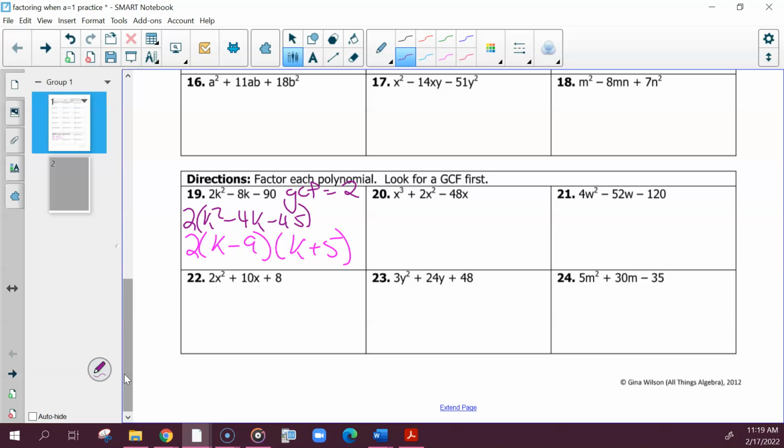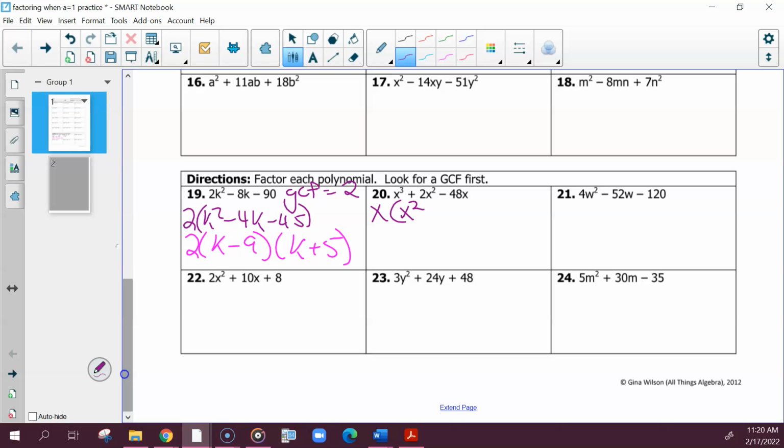X. So if I divide each term by x, what's left? This one has 3, but I'm taking one out. How many are left? 1. More than that? 2.